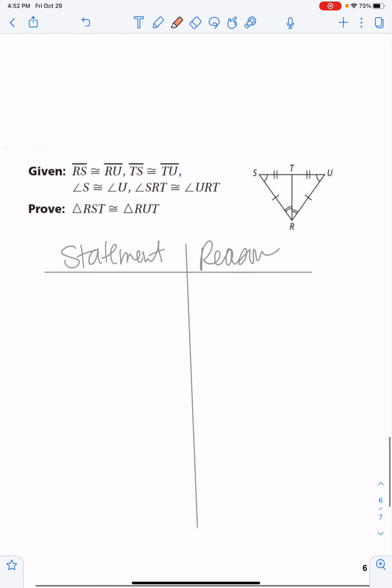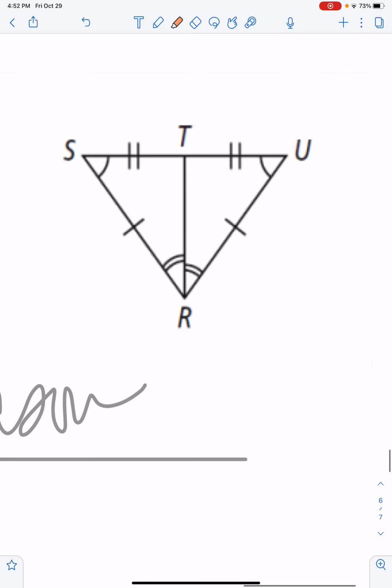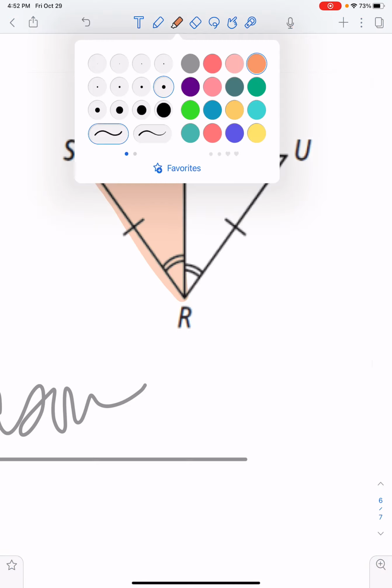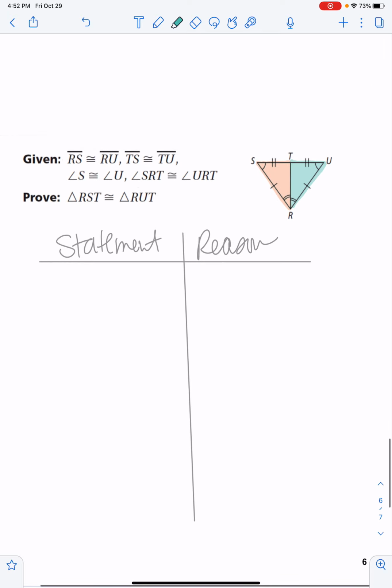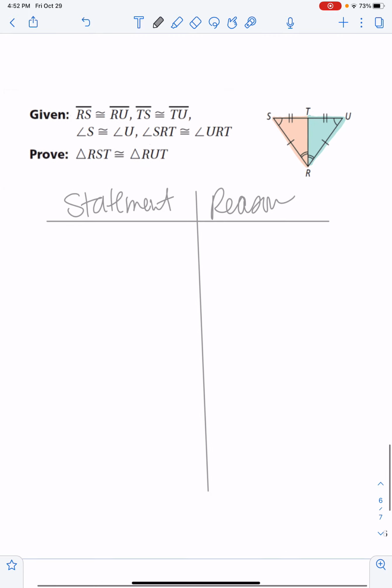Okay, so we've got this orange triangle, SRT, and we've got this turquoise triangle, URT. And I'll probably just use one color and highlight them at the end. So they first told us RS and RU are the same. So I'm just going to write out all the givens.